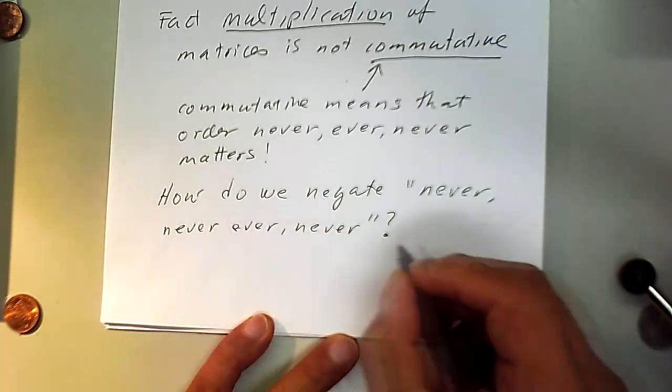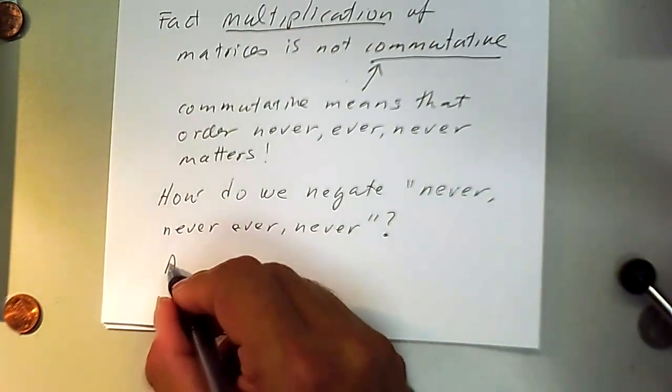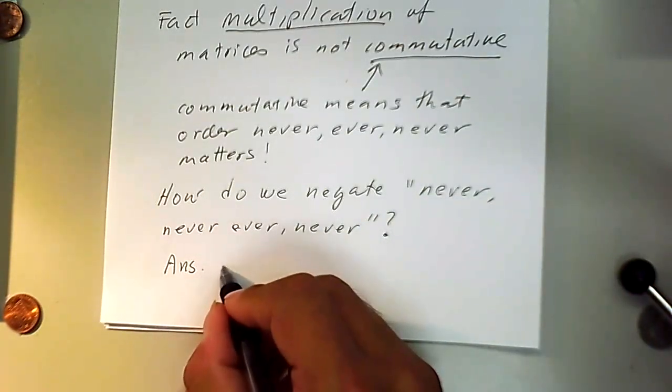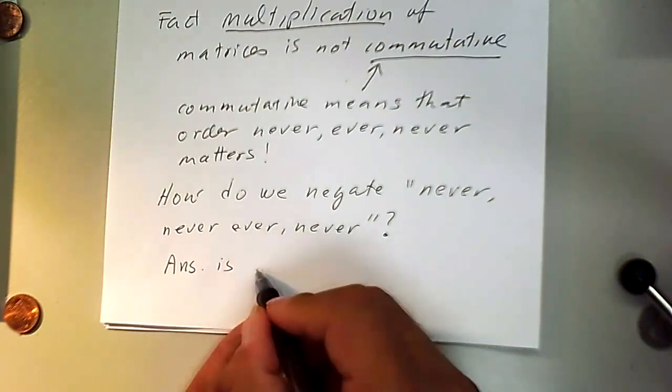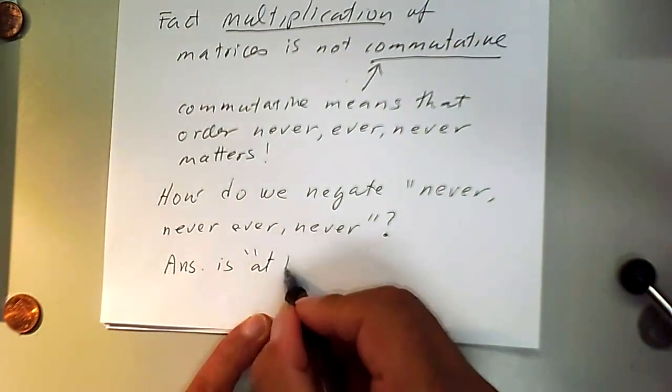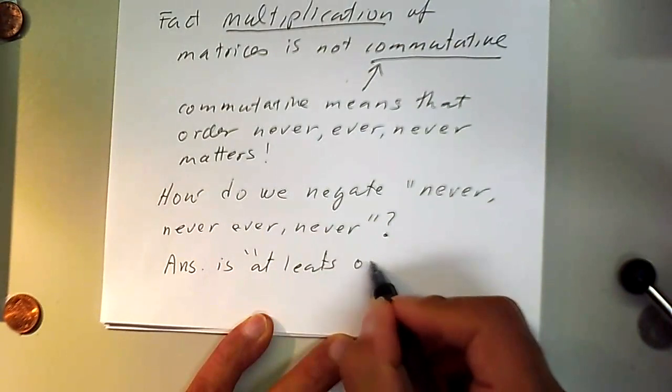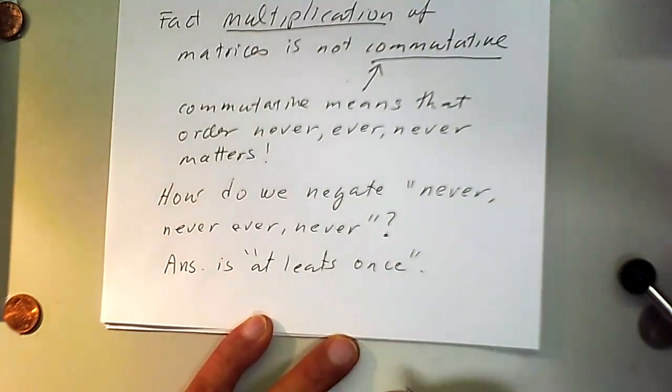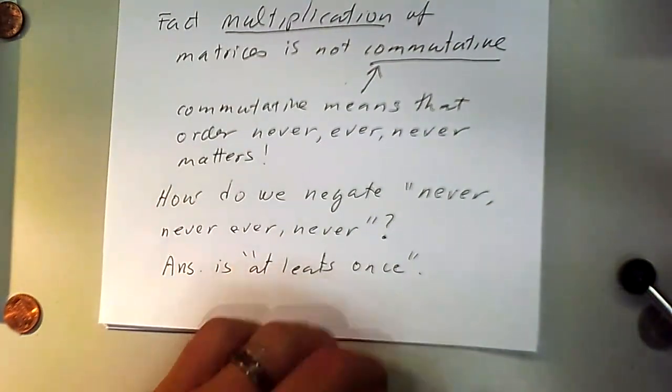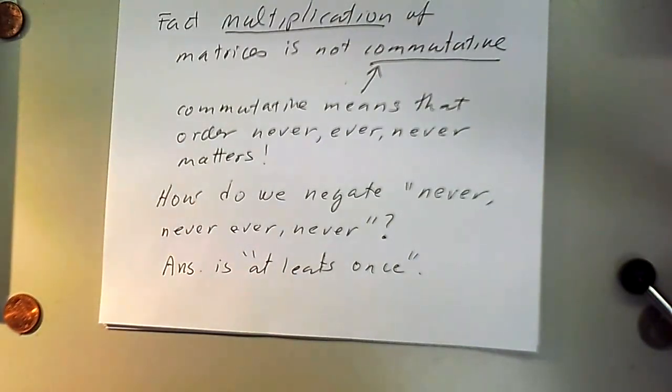So the answer is at least once of whatever we're talking about. So if I tell you I never ever make a mistake, what is the negation of that? Of course, if I tell you that, that would be a complete lie.